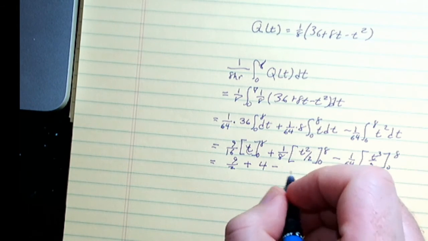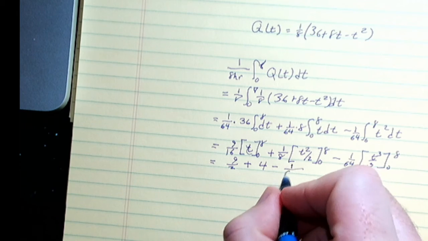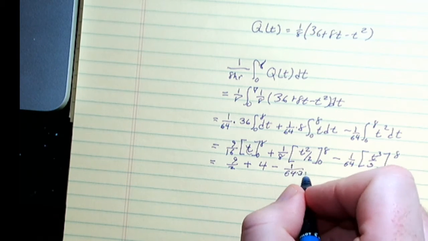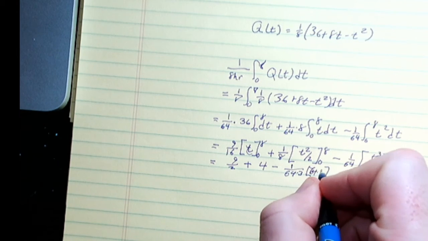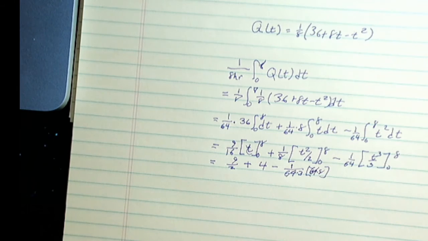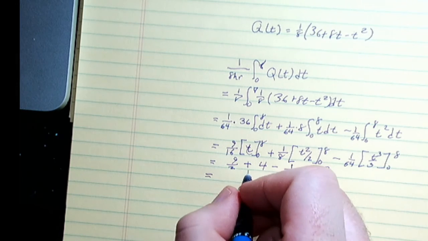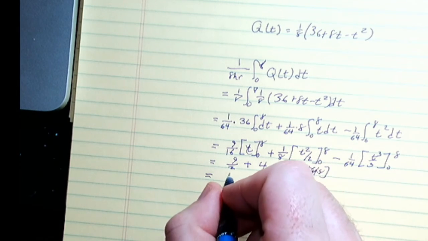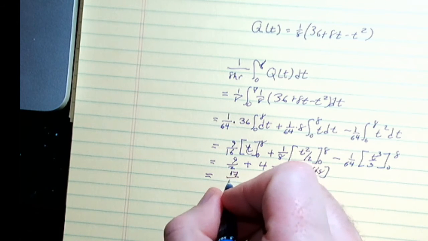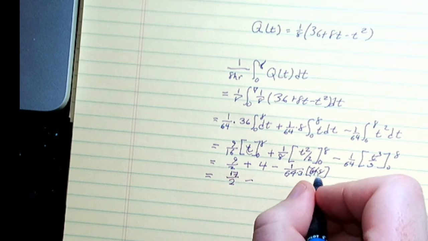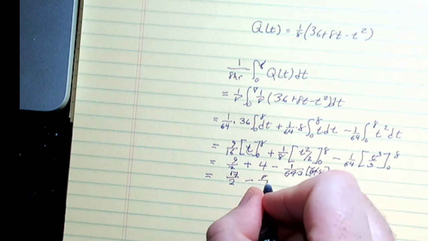Minus 1 over 64 times 3, t cubed, which is 64 times 8, which I don't feel like figuring out in my head, but 64 times 8 is actually useful, because it lets me cancel the 64ths. So that's 9 halves plus 4, which is 17 halves, minus 8 thirds.